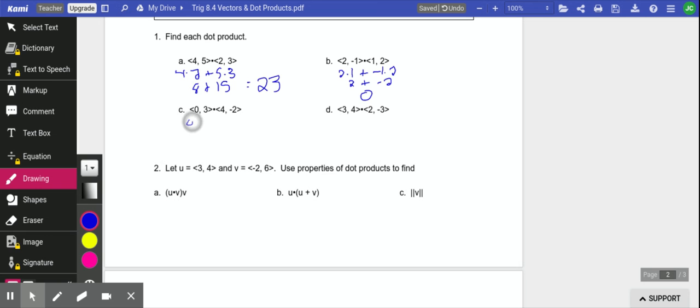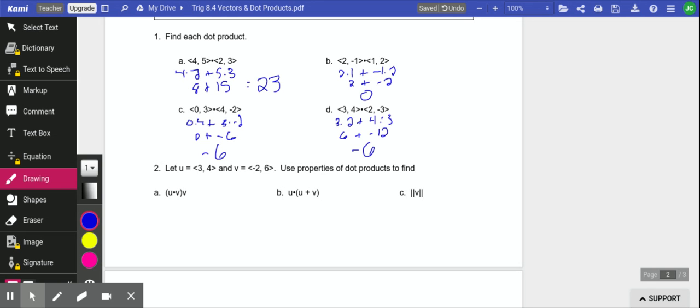For c, we're going to multiply the x components and then multiply the y components, and we're going to add those together. So we get 0 plus -6. The answer is -6. And here we'll multiply our x components and the vertical y components, and we also get -6. Okay? Easy so far. It does not get much harder. No panicking.